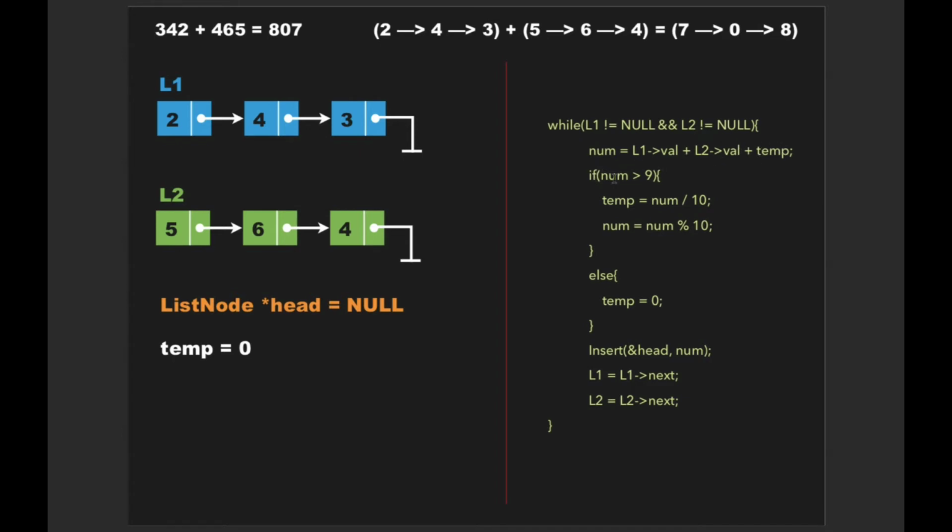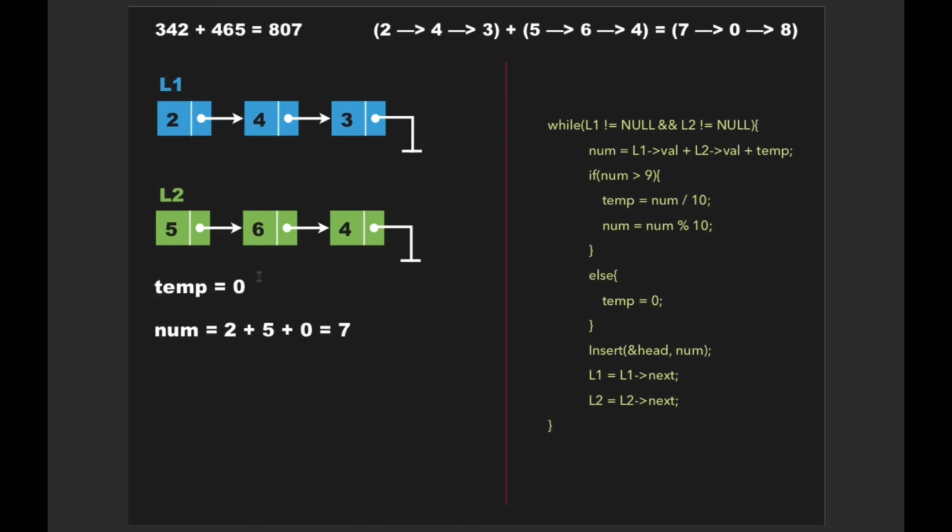We check further whether the value num is greater than 9. If so, we perform the following operations. Else, we make temp equal to 0. Then we insert num into the new linked list and finally increment L1 and L2.